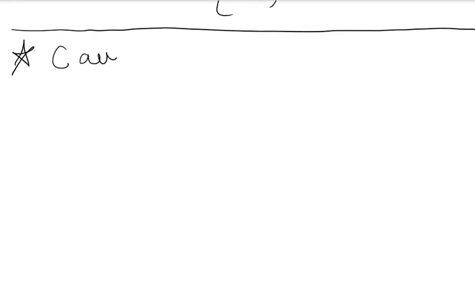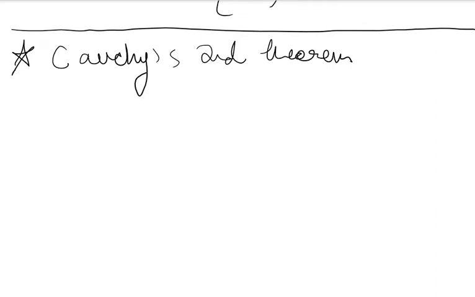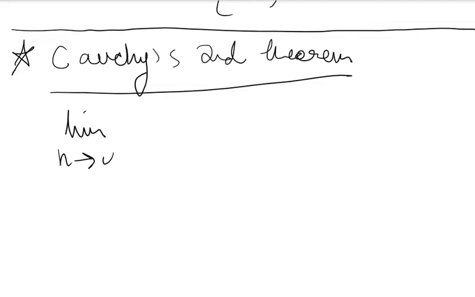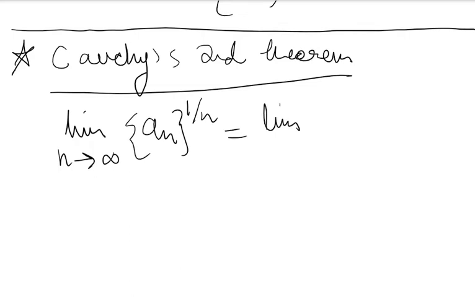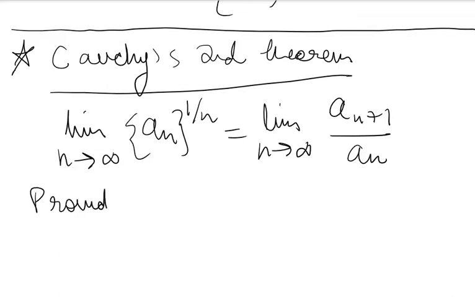What was Cauchy's second theorem? Cauchy's second theorem said that limit n tends to infinity a_n whole to the power 1 by n is equal to limit n tends to infinity a_(n+1) divided by a_n, provided the RHL, the right hand limit, exists.